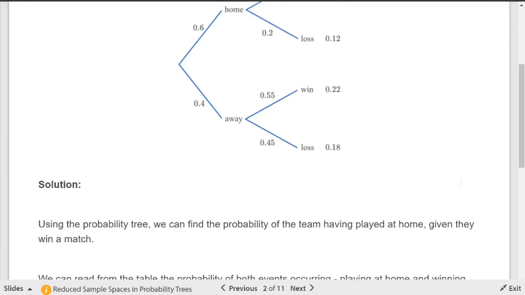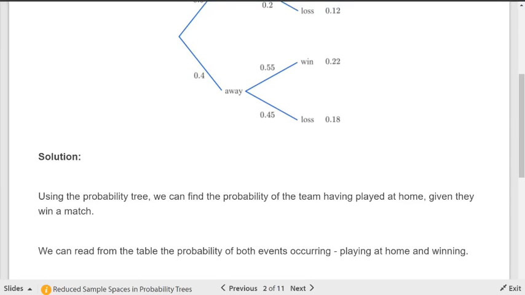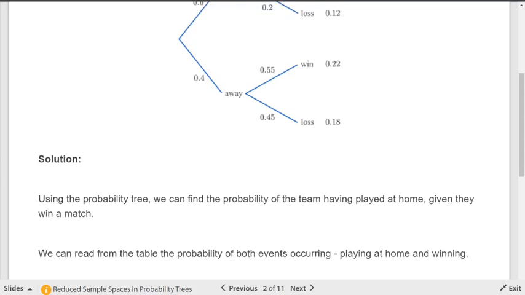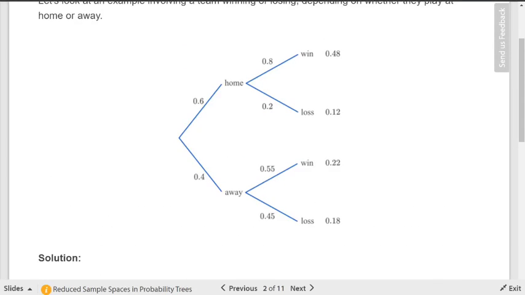The first thing, you can read from the table the probability of both events occurring, playing at home and winning. So just looking at your tree, playing at home and winning, what's the probability of that? Yeah, so the probability of being at home and winning is 0.48, right?